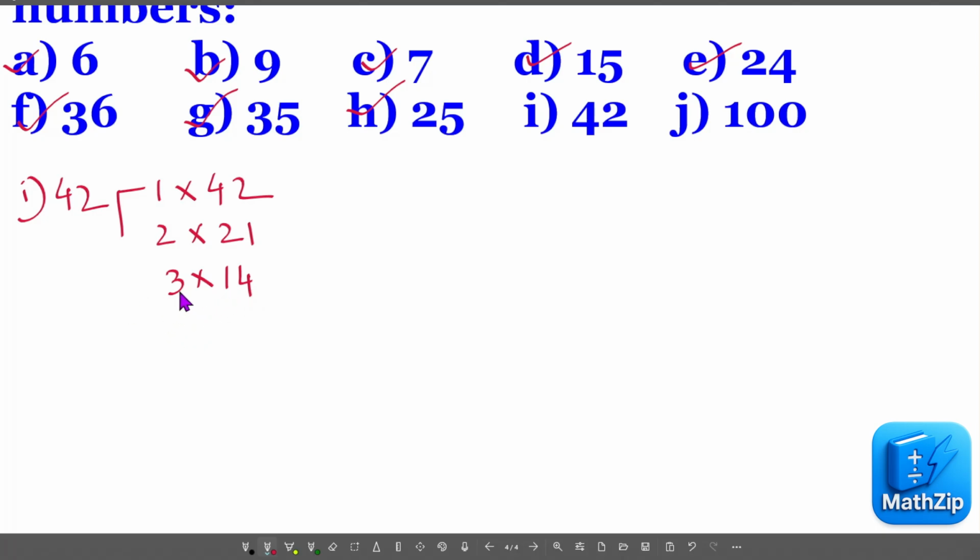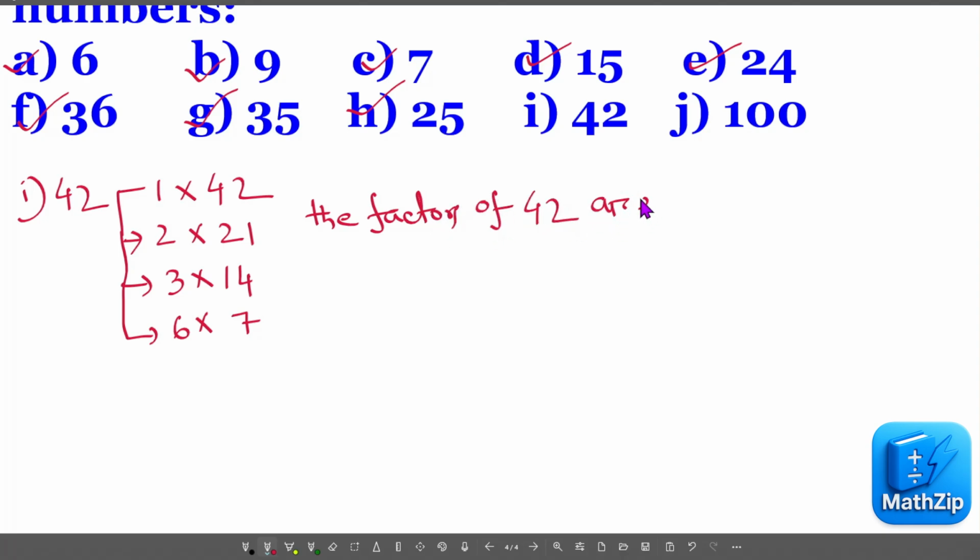Then 4 is not possible, 5 not possible, 6 is possible, because 6 times 7 is 42. Then 8, 9, 10, 11, 12, 13, 14. 14 is already done. So the factors of 42 are 1, 2, 3, 6, 7, 14, 21 and 42.